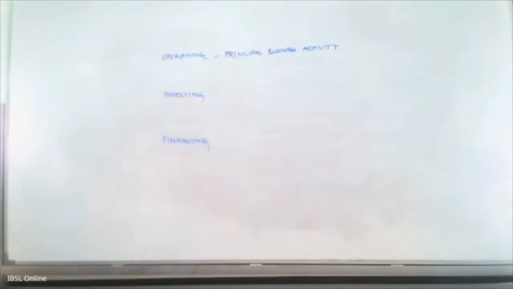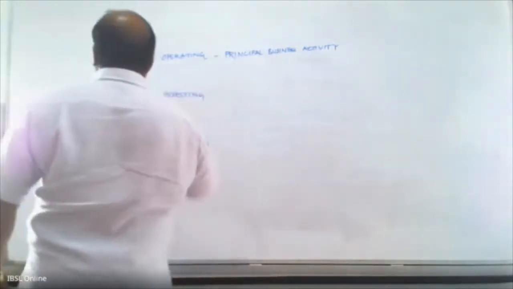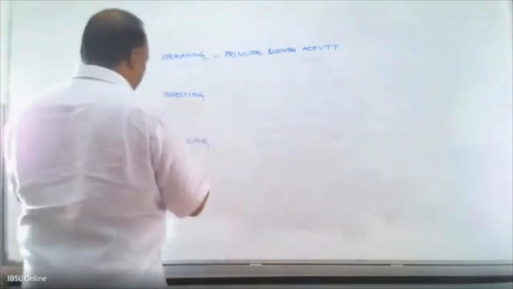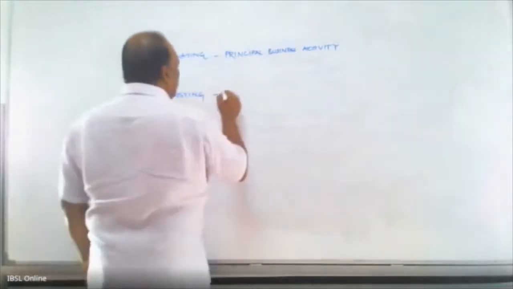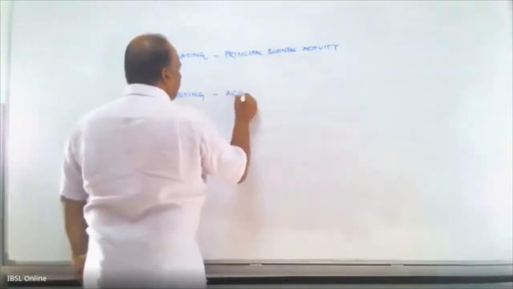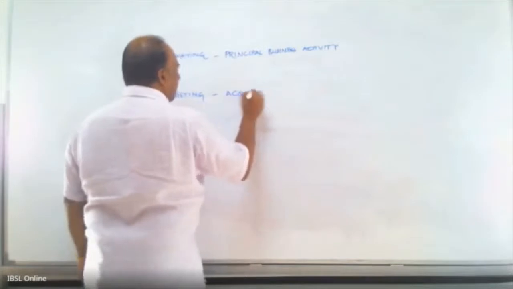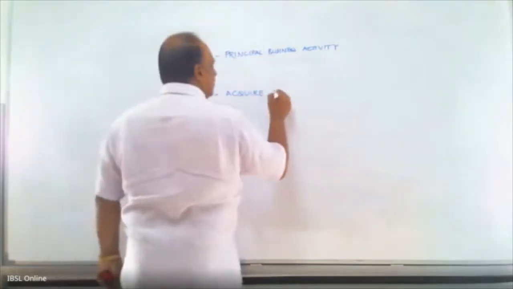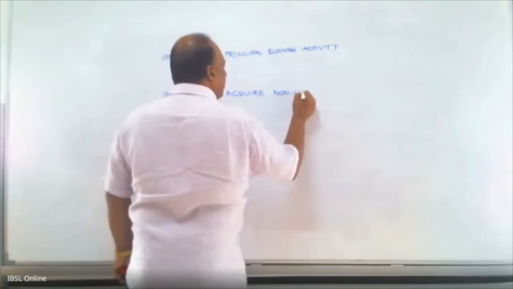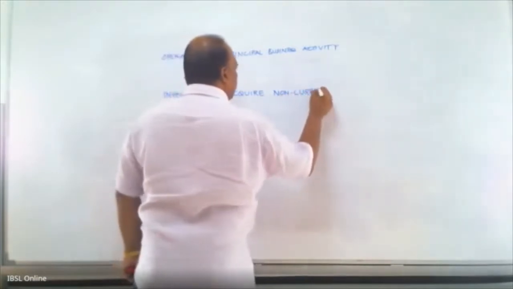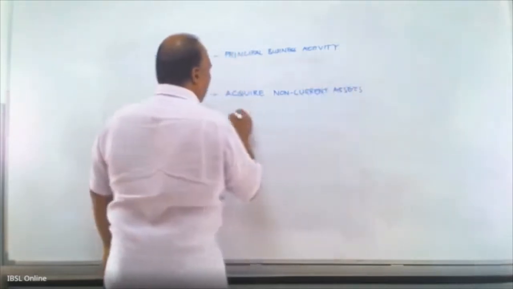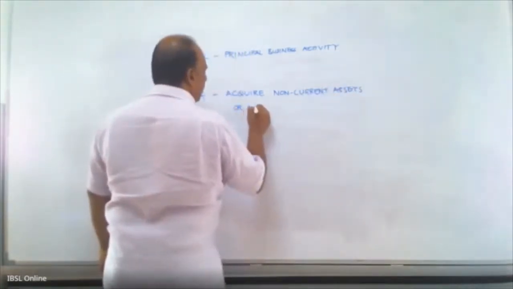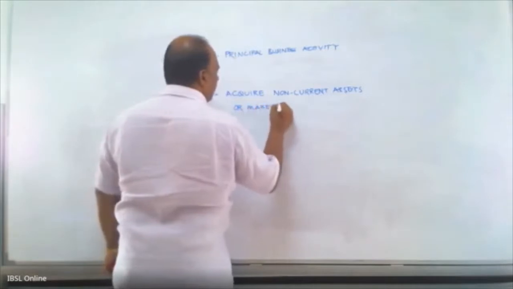Then the second activity: in order to carry out my operating activities, I might do certain other activities. Where I might go and acquire non-current assets or make investments.